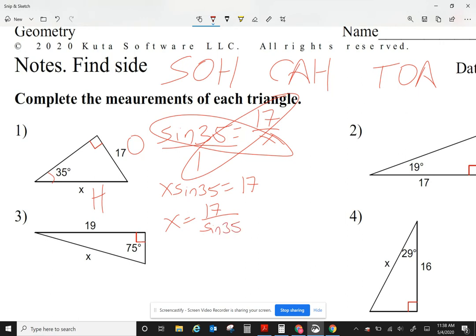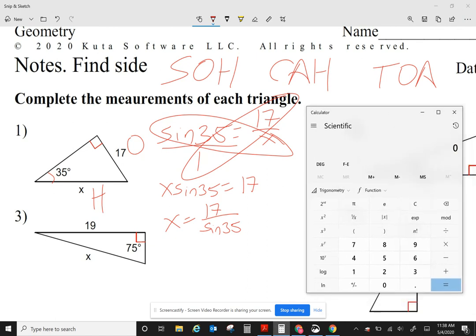All right, so what is that? Let me get a calculator. I'm going to go 17 divided by, now I'm going to use my function, sine of 35. Actually, let me do this again. 17 divided by, to tell the calculator I'm going to do separate things, I'm going to use parentheses. And in my case, I have to type in the angle first, the number 35, sine. Close parentheses.